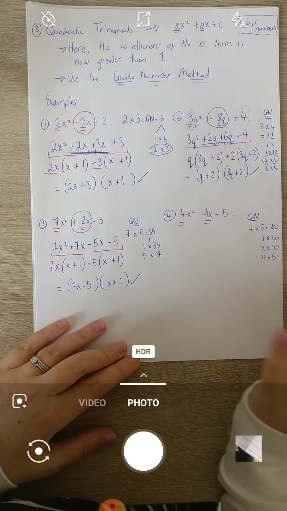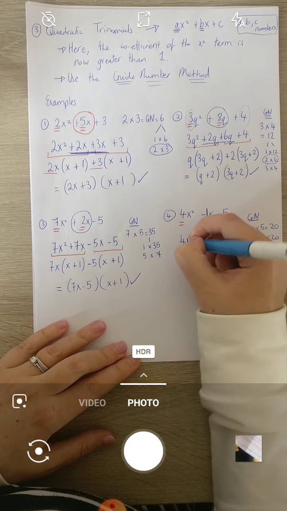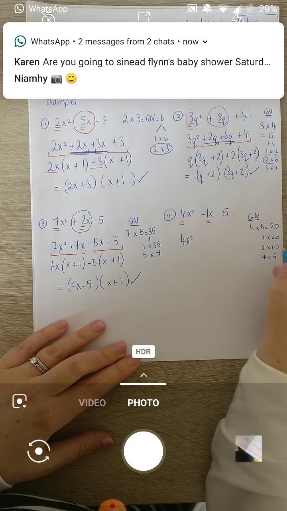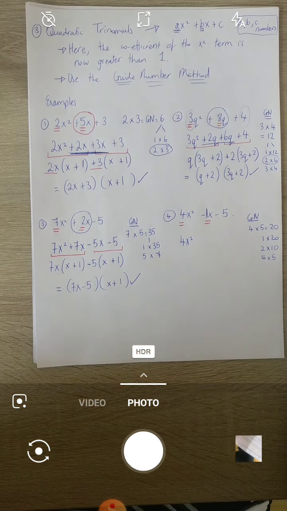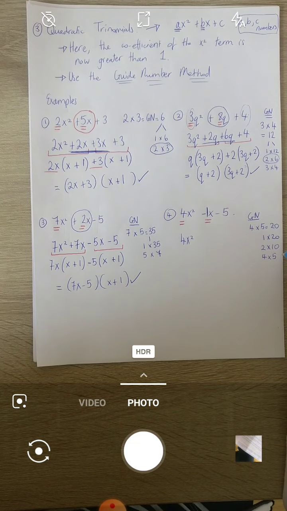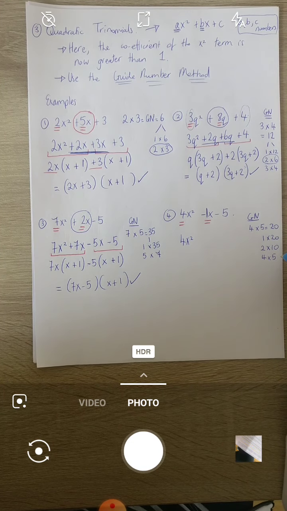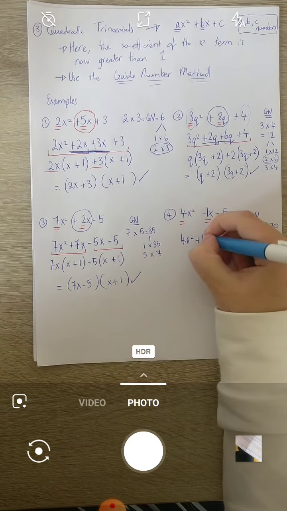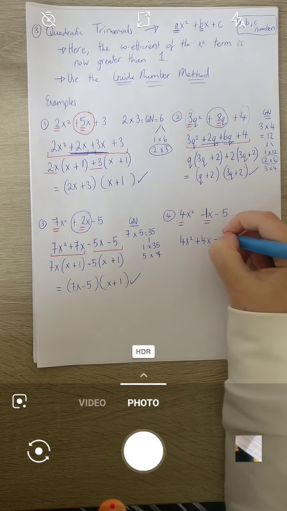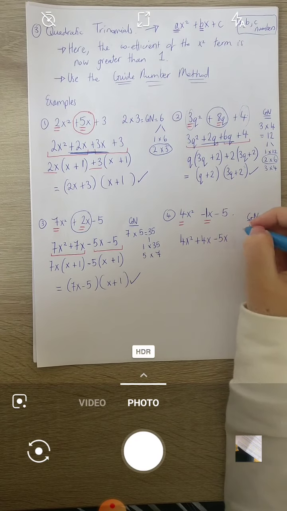So I have 4x squared, we need to get a minus 1. So we're going to have to make sure we give the higher number the negative. So it's going to be minus 5 plus 4. So minus 5 plus 4 gives us minus 1. So I'm going to write plus 4x minus 5x gives us minus 1x.